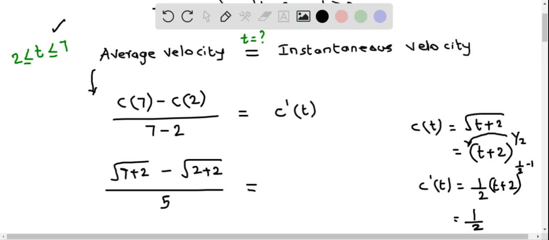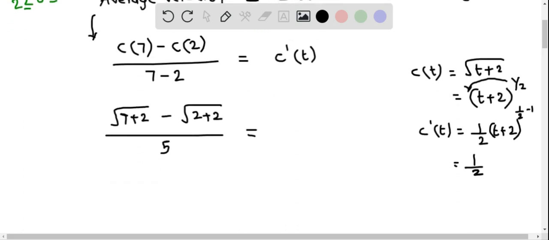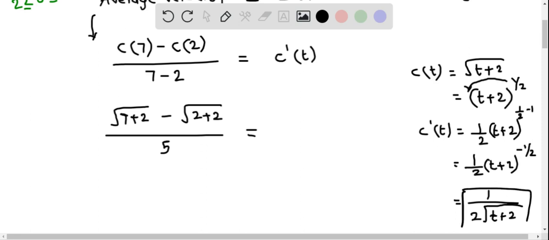So this equals 1 by 2, t plus 2 raised to the power of half minus 1, which is negative half, and so we can rewrite this as 1 divided by 2 times t plus 2 raised to the positive half, which we can write down as the square root of t plus 2. So basically this is the expression for the derivative of the c of t function.